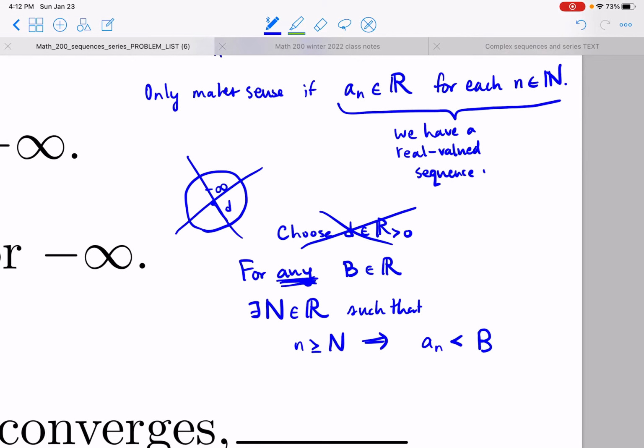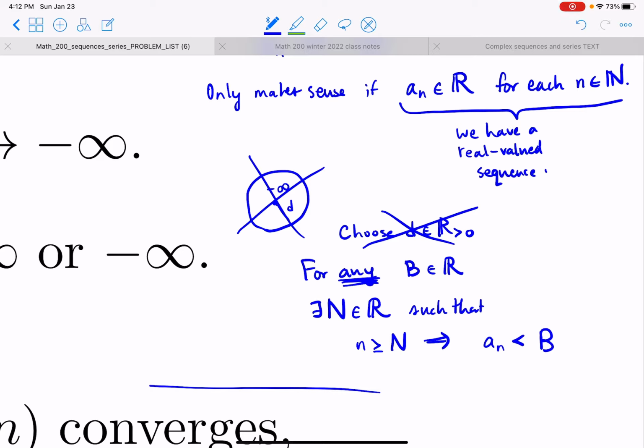Yeah. So I'm picturing like, if they're going to challenge me, they're going to choose a really negative b, like b equals negative 1 million. And I'll say, fine, no problem. If I go out, there exists some number such that all the terms of the sequence are smaller than that.